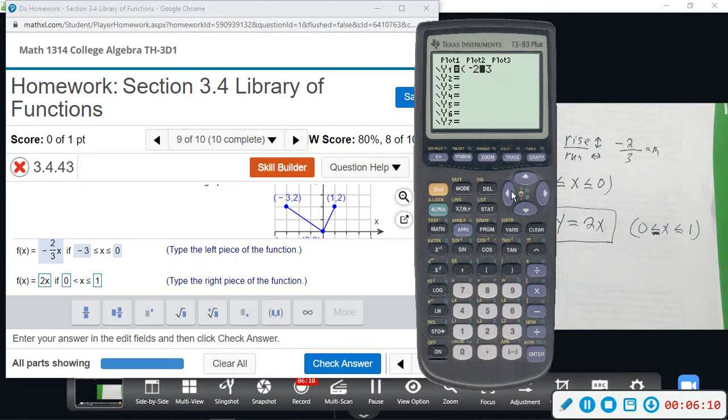I want the x to be on the top. Second, insert x. Okay. Then close. So this is the first equation. The second equation was just 2x. So in parentheses, 2x. Close.